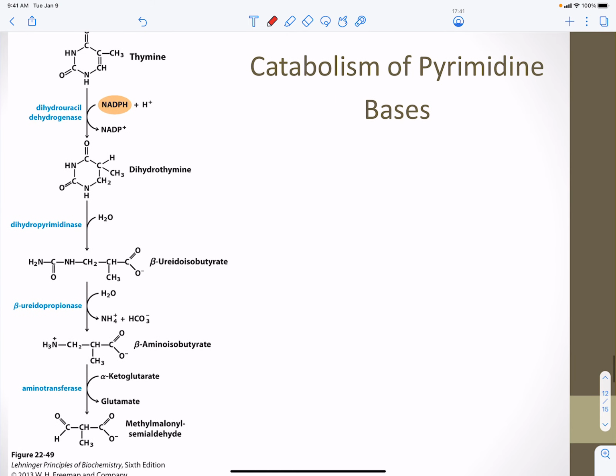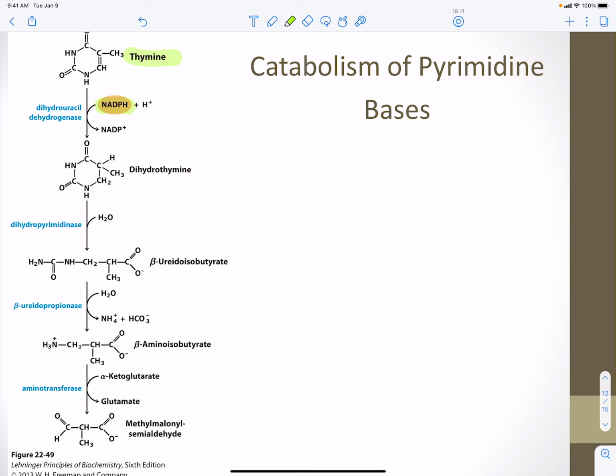Now, catabolism of pyrimidine bases is pretty straightforward. They're going to be dephosphorylated, and then the nucleosides get cleaved to produce your ribose and the free pyrimidine base, either cytosine, uracil, or thymine. So here we have thymine, we have a dihydrouracil dehydrogenase, which uses NADPH, and you get a dihydrothymine.